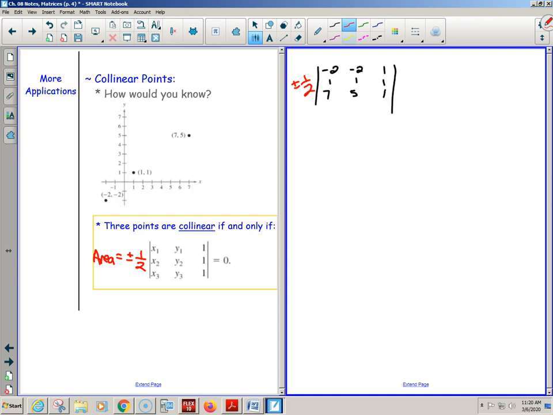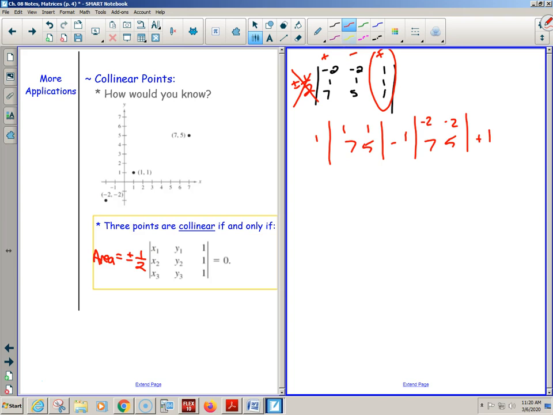I see lots of 1-1-1s. I'll choose these guys. You can actually ignore that little 1/2 because all I'm asking myself is whether or not they are collinear. So I just need to know, are you 0 or are you not? If you're 0, yes. If you're not, okay, fine, no. So plus, minus, plus with my little minors. And then minus another 1 with his little minors.